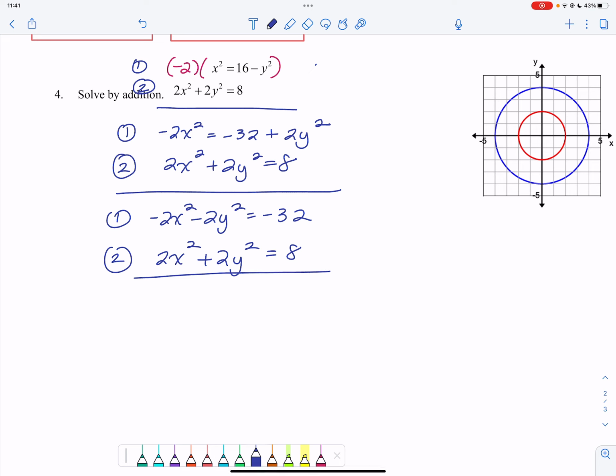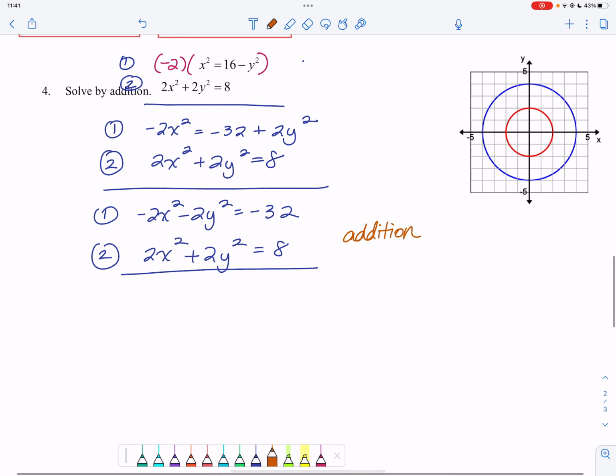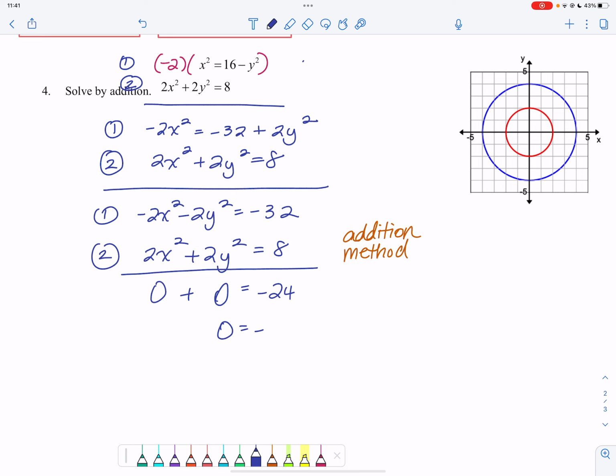And now we're going to use the addition method here. And we end up with 0 equals negative 24. 0 equals negative 24.